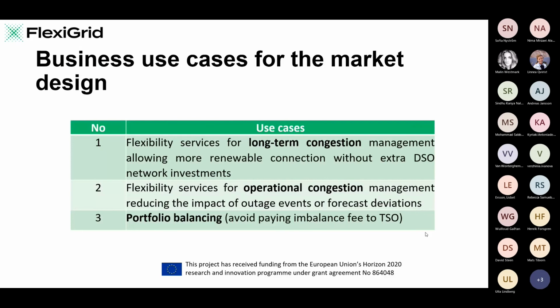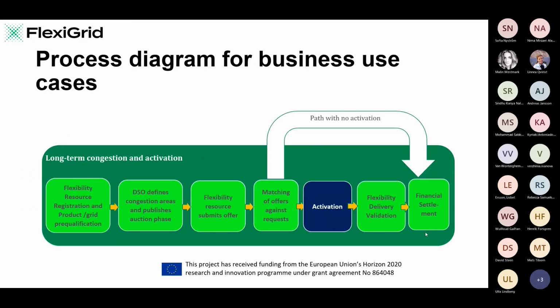Flexibility for operational congestion, where we can mention voltage problems and overload during the operation. And even DSOs can use flexibility for portfolio balancing, or even energy suppliers or other players, so as to avoid paying imbalance fees to the TSO. So those are three use cases we would like to consider in our peer-to-peer demonstration activity.